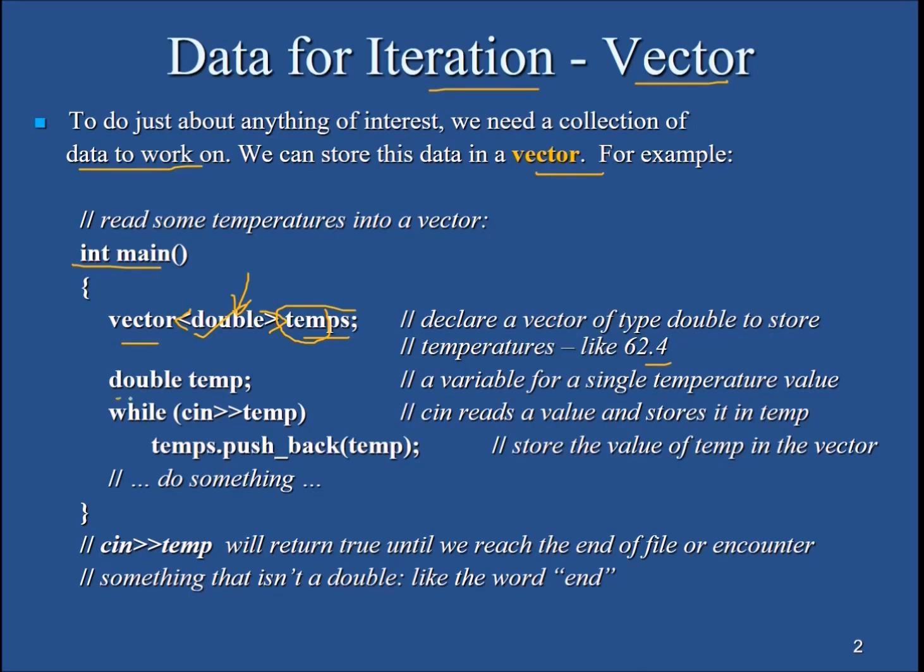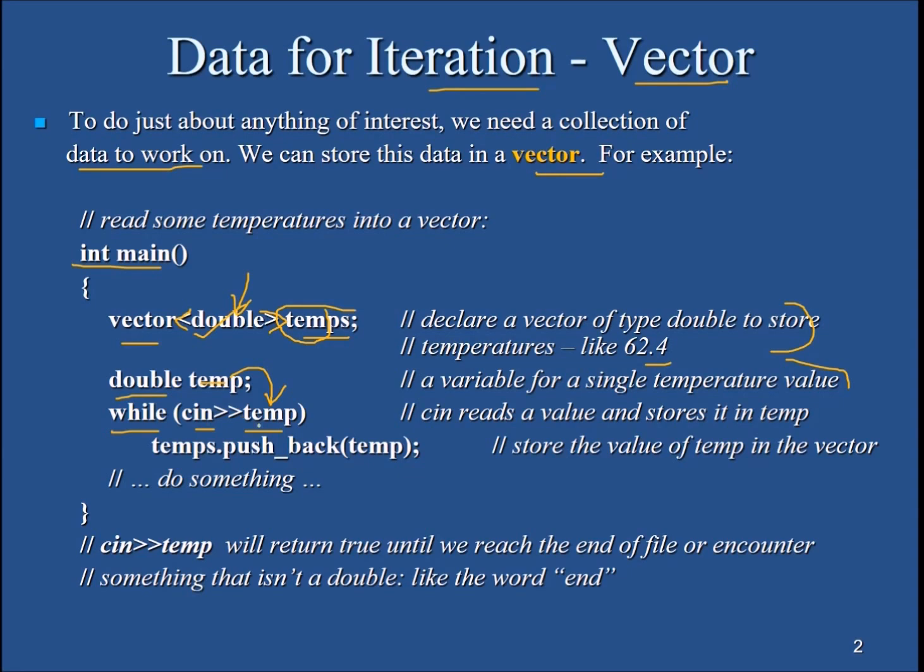So double, one more variable we will take, double temp. This is a variable of a single temperature value, and this is a group of values. So we have a group of values and one value. Now we have also introduced this while. So let us take value cin from temp. The value which the user will give will come inside this temp because cin does that.